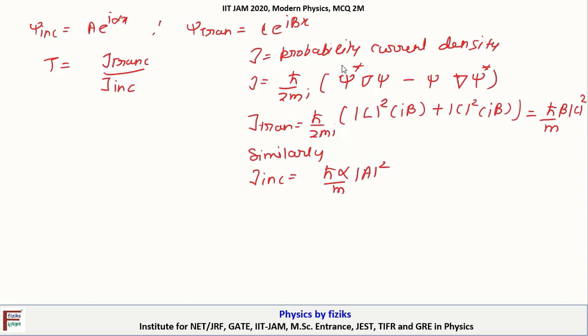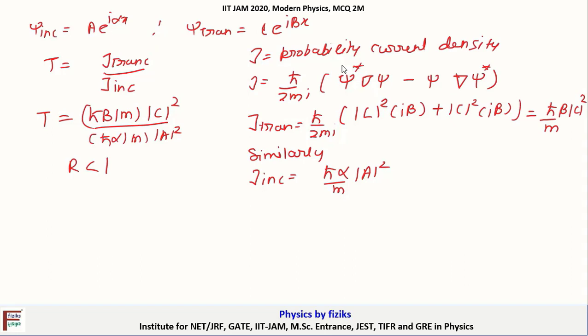So for case 1, when E is greater than V0, T will be h cross beta by m mod C square divided by h cross alpha by m mod A square. So some of the particles are penetrating inside the barrier. So R must be less than 1.